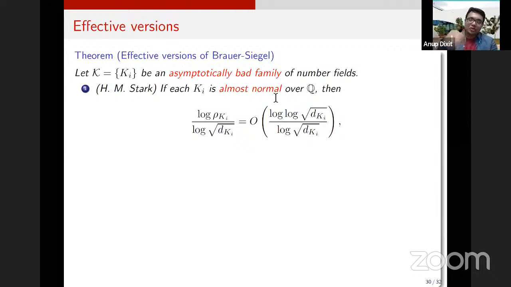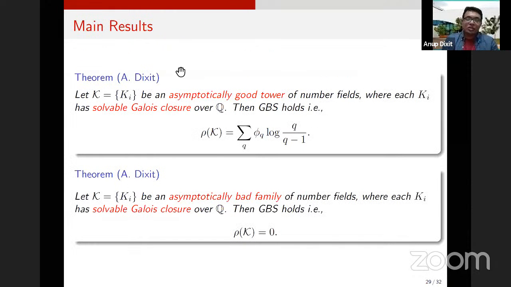We say K is almost normal over Q if there is a tower going from Q to K such that at each level it is normal, it is Galois. And when I said solvable, fields which have solvable Galois closure, I meant K is said to have solvable Galois closure if I look at the Galois closure of K over Q, then I look at its Galois group, and I want that group to be solvable. Those are called fields with solvable Galois closure.